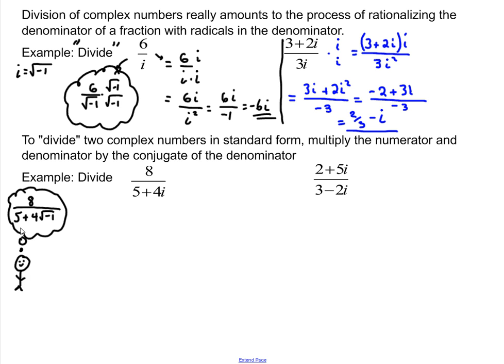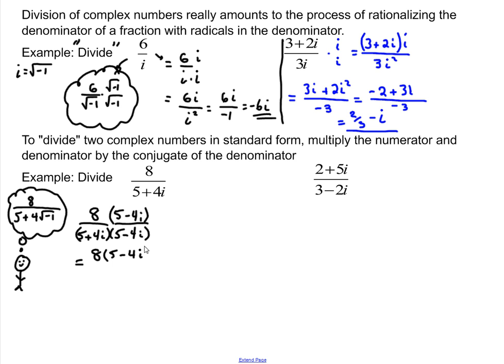If you keep in mind that this is a radical, this means that we're going to take our expression 8 over 5 plus 4i and multiply both the numerator and denominator by 5 minus 4i, the conjugate of the denominator. But whatever I do to the denominator of this single fraction, I have to do equally to the numerator of this fraction, 5 minus 4i. So I'm going to end up with 8 times the quantity 5 minus 4i.